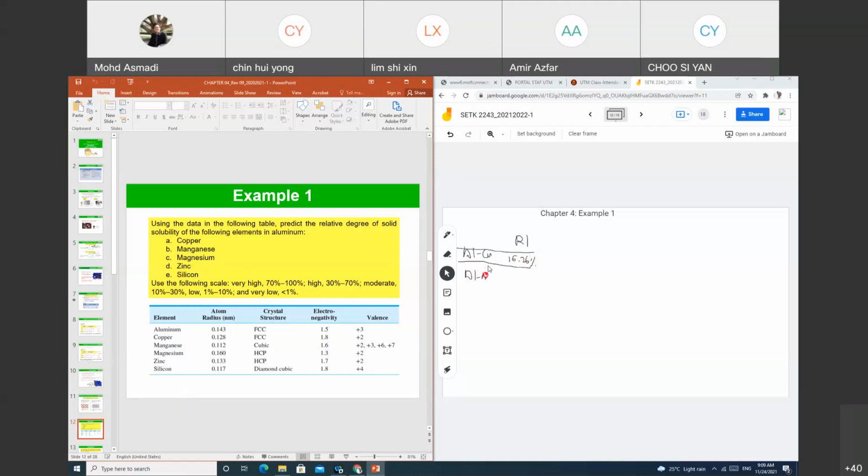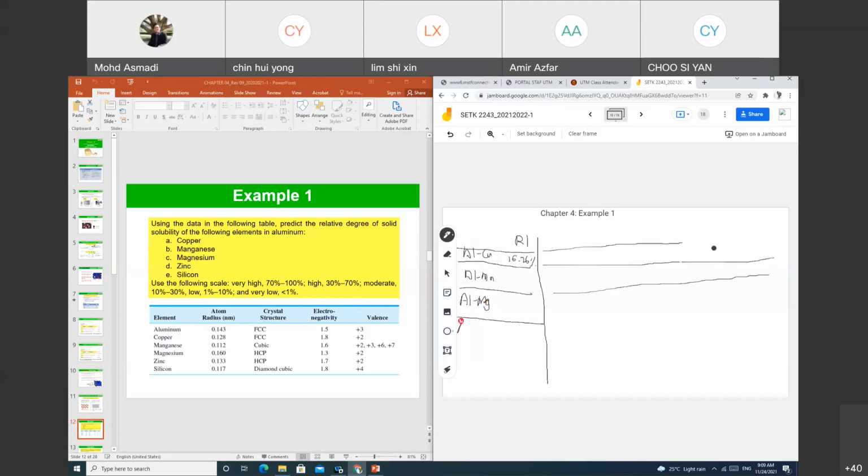Aluminium copper, rule 1, 16 percent. Anyone can add any row. Okay, thank you. How many? 5. A, B, C, D, E. Okay, thank you.